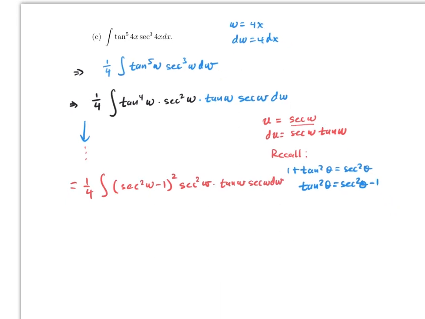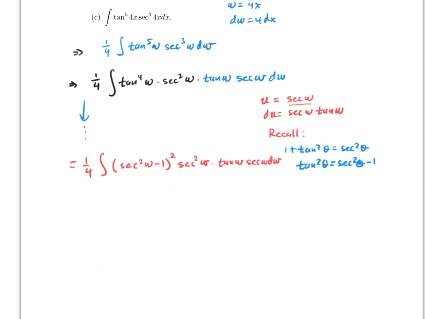So if we made the substitution u equals secant, then du gives you this part already. So therefore this will be 1/4 times (u squared minus 1) squared times u squared, and then du.